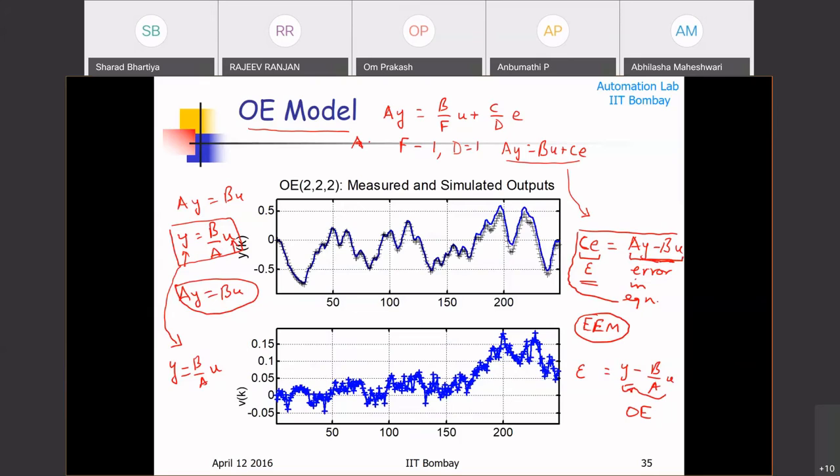Same thing, just how you model the noise leads to either equation error models, which is also part of this slide, or output error models, but they have profound differences in terms of their properties. If you always had some recent measurements and you wanted to make short-term predictions, it turns out that equation error models work better.